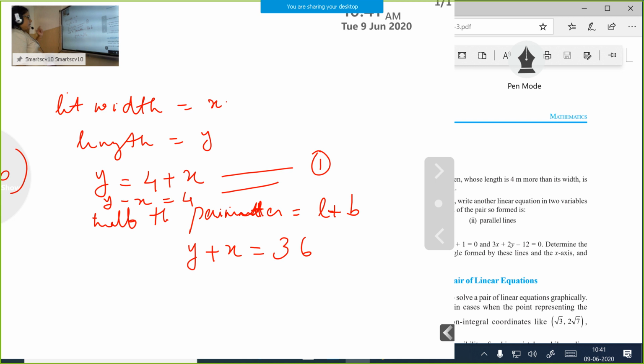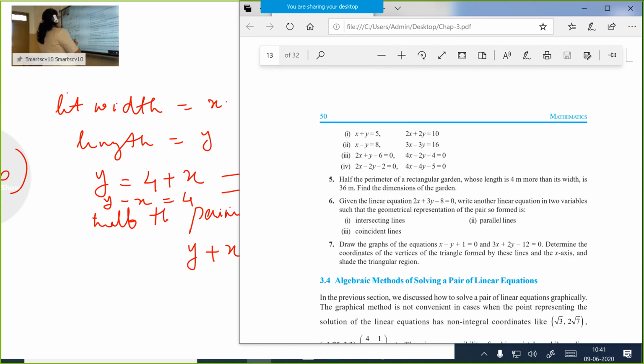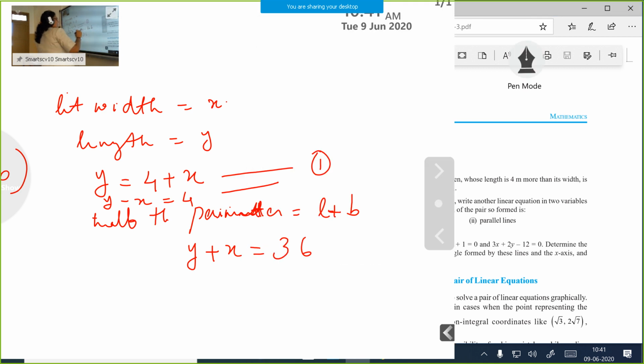Half the perimeter, where perimeter is 2 into (L plus B). Clear? Now draw the graph and find its dimensions, length and breadth.